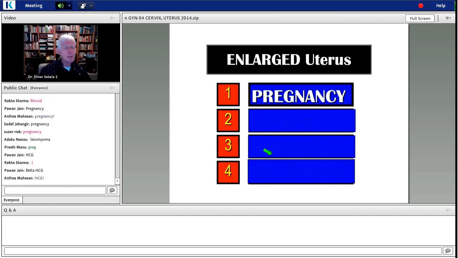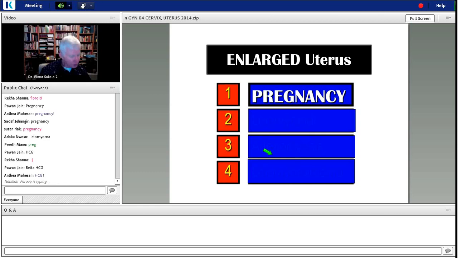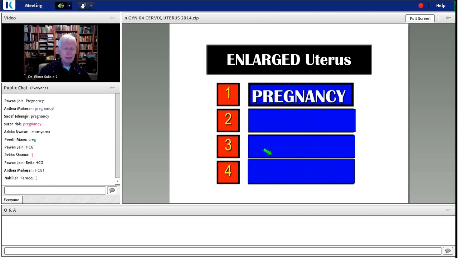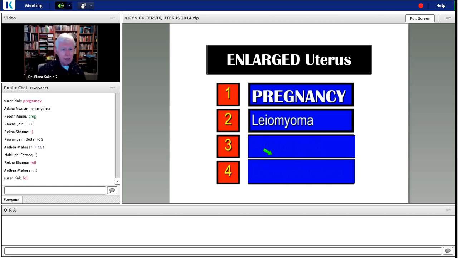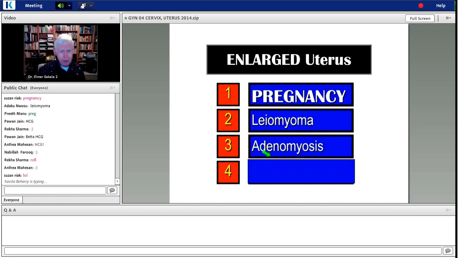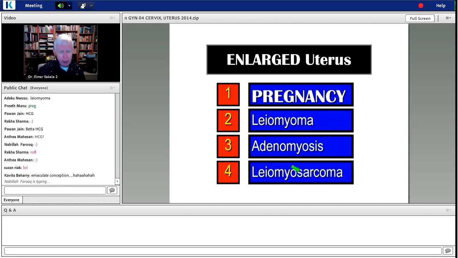I've seen many patients who have come in who are at term in labor and who say, I never had sex. Right. Okay, if she's not pregnant, it could be a leiomyoma. If it's not a leiomyoma, it could be adenomyosis, and we're going to look at that in some detail. A leiomyosarcoma is a malignant, smooth muscle tumor.